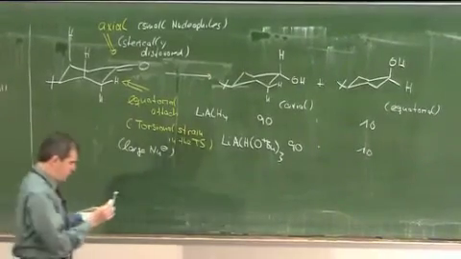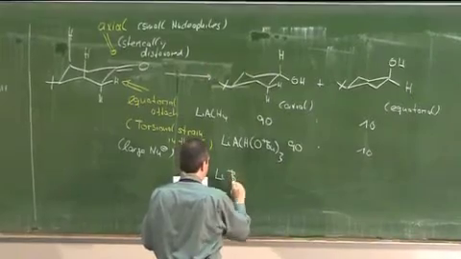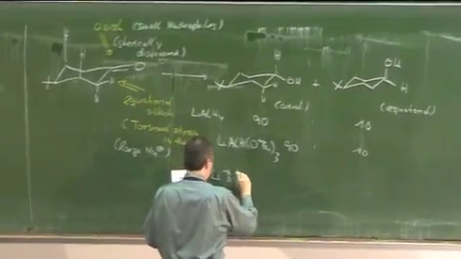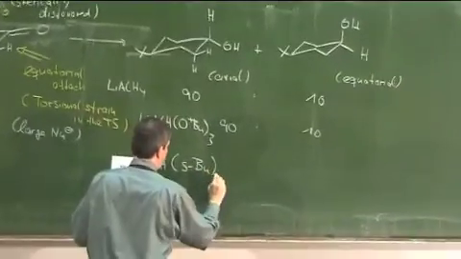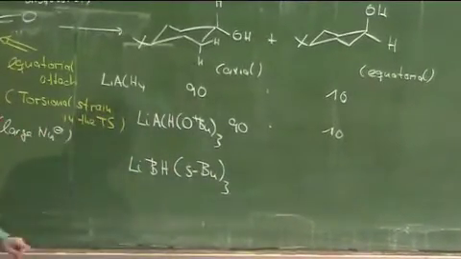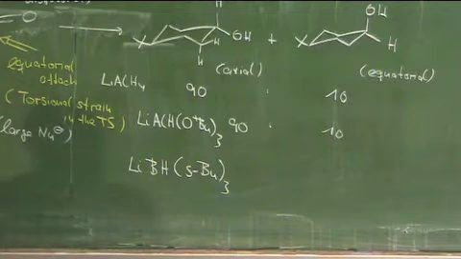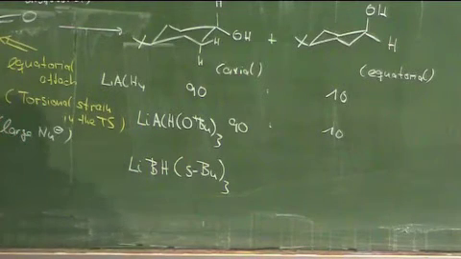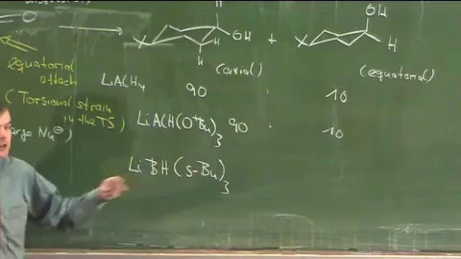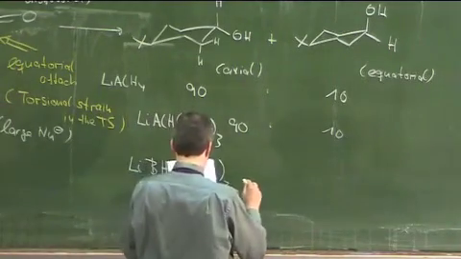However, if then you choose a borohydride reagent which has again a sec-butyl group, as we have seen in the same group, now boron-hydrogen bonds are much shorter, boron-carbon bonds much shorter, so the steric influence is certainly more felt here.